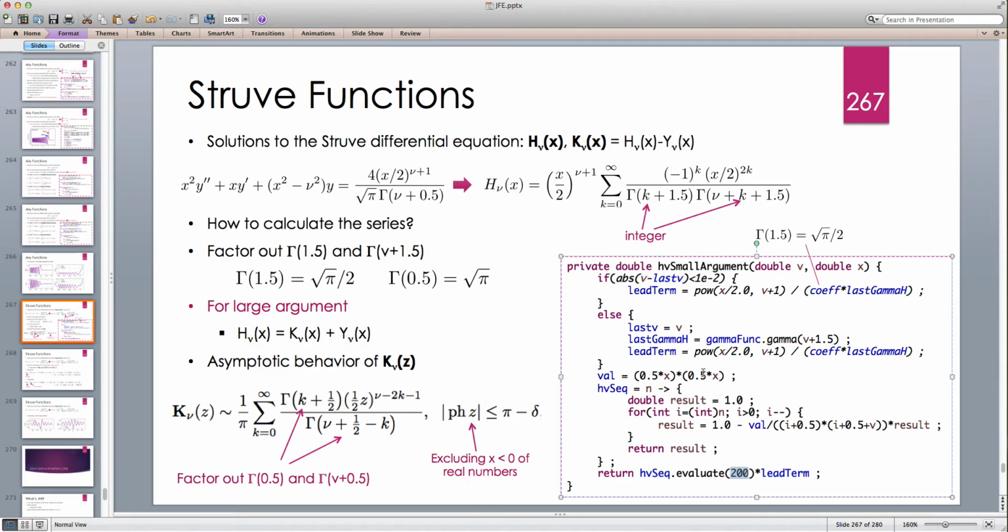Very expensive operations. All right, again, the way we do it in a very efficient way is to factor out gamma of 1.5 and gamma of nu plus 1.5, and then we cache them for nu values because they don't depend on x, they only depend on nu. So if only x is changing, we don't need to evaluate those lead terms many times.